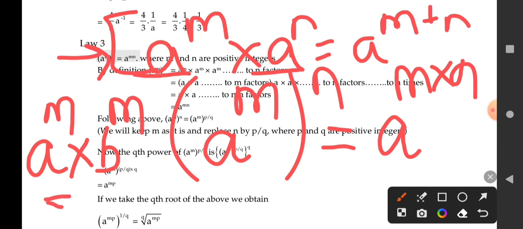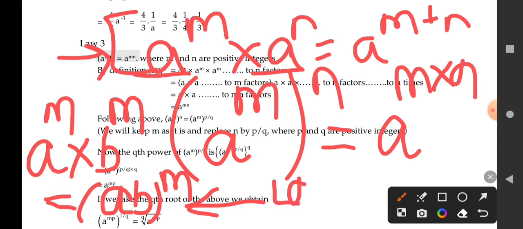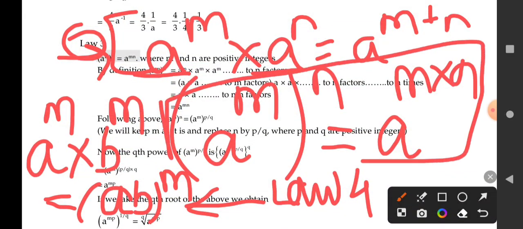Yes, we have law number 4. This will become a into b whole raised to m. This is law 4, which we are going to study further. Right now we are studying law number 3, and this is law 3. Correct?